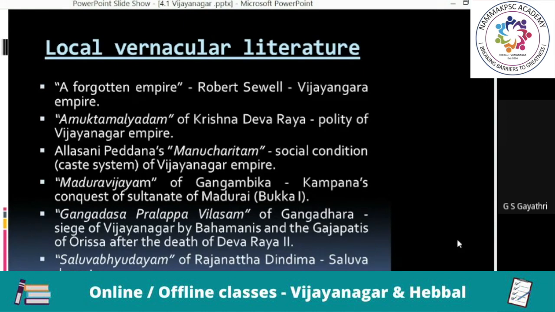One very interesting feature of this Manucharitamu is that he does not give any detail of the Kshatriya class. When we say caste system or Varna system, we would be thinking about the Brahmana, Kshatriya, Vaishya, and Shudra classification, right? But Allasani Peddanna does not describe the Kshatriya class.